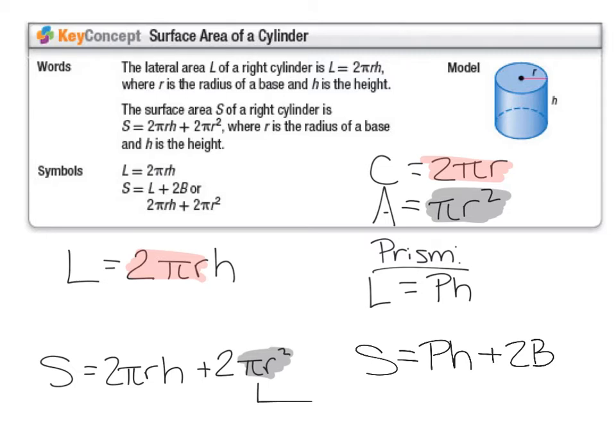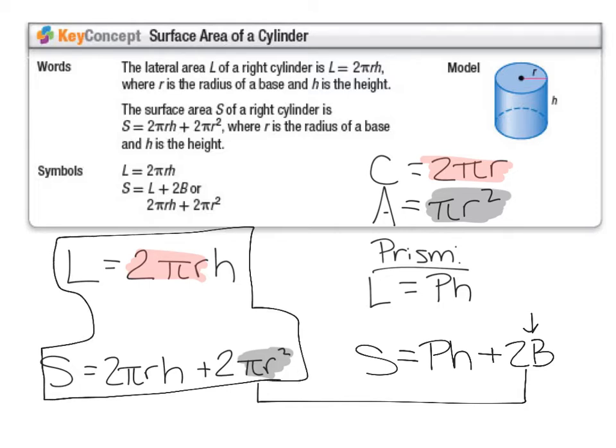Well, if you think about it, these are really the same formula because the pi r squared is our area of a circle. Now, with the prisms, this just leaves room for us to have any kind of polygon as a base. Here with a cylinder, again, we know it's only going to be a circle, so that's why we can specify this. So here are our two formulas. And again, if you have the surface area formula, you have the lateral area in that first part. And then if you find the surface area, you really have both answers.